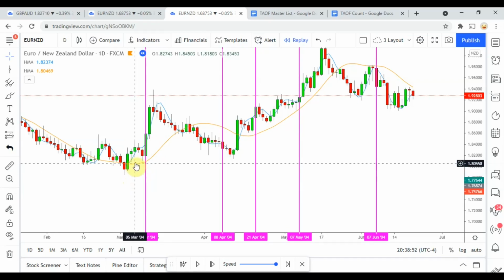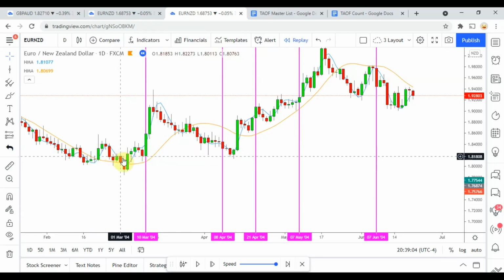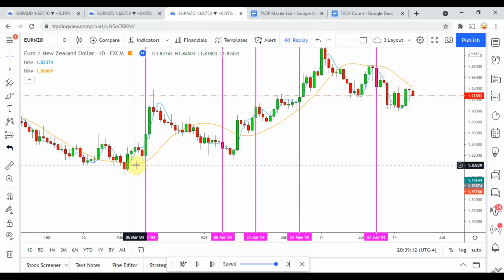So officially right here on this candle is when the whole moving average started to go back up in an upward trajectory. Once we get that, we now have the faster, the 9 period, above, and the slower Hull moving average is now pointing up.